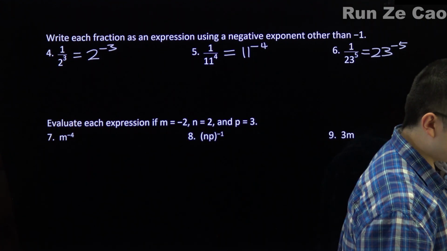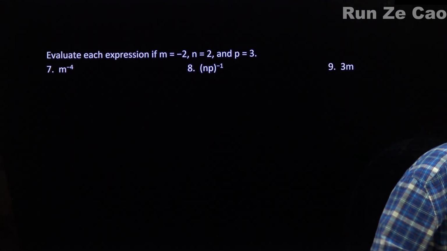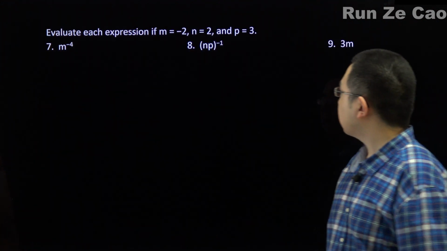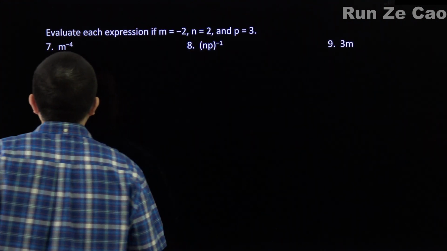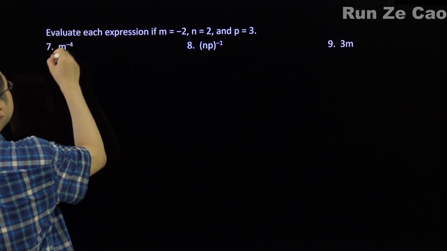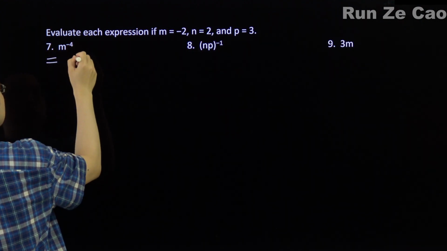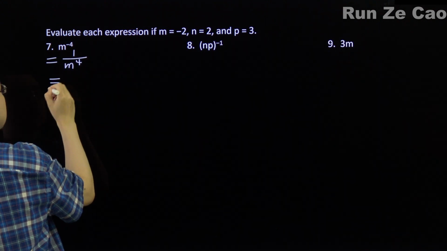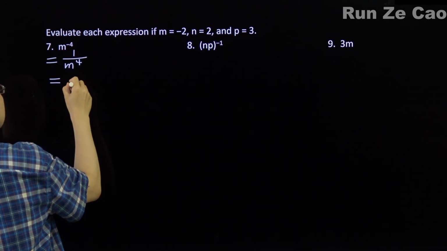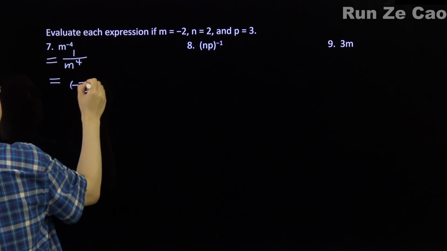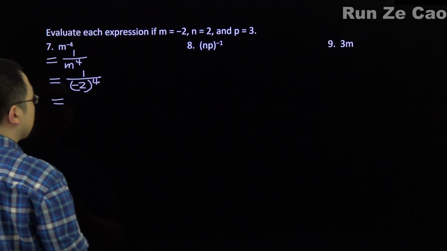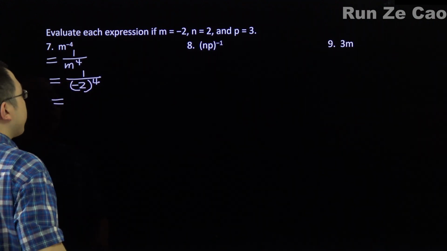Now let's evaluate each of these expressions if m equals negative 2, n equals 2, and p equals 3. So, m to the negative 4 is equal to 1 over m to the fourth, and now we substitute in. That gives us negative 2 to the fourth, and 1 as a numerator. Okay.